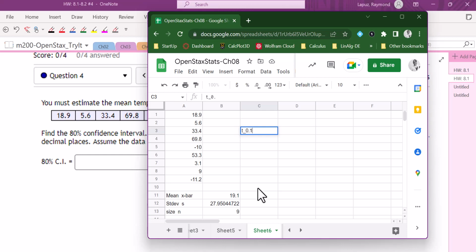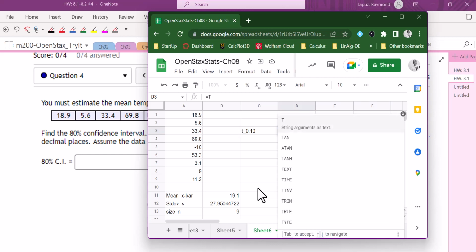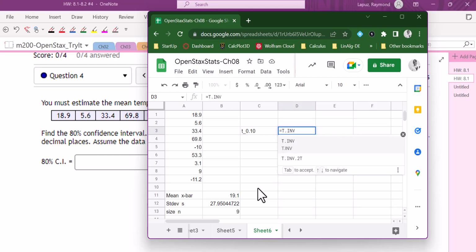That's how you would call your critical value. So we say equals T.INV, and then we're just going to count this 0.10 as a probability, and the degrees of freedom is 9 minus 1, which is going to be 8.